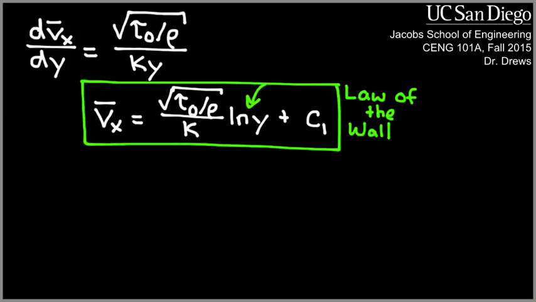Another term to note is this square root of tau naught over rho, which I'm going to highlight in blue. This is sometimes called the friction velocity. Just note that if you work out the units on that, it does have units of velocity. That's why that term keeps coming up over and over again.